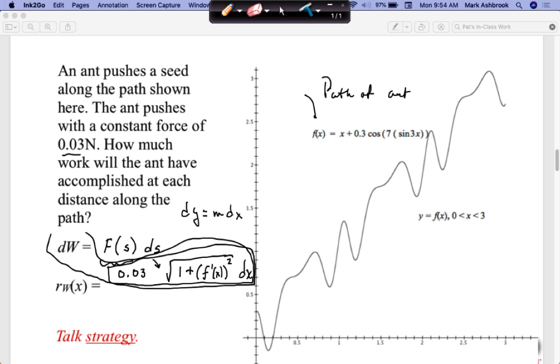Now our y is work. The y is the quantity work. So we have dW, like dy, equals something times dx. Therefore, that something is the rate, 0.03 times the square root of 1 plus f prime of x squared.